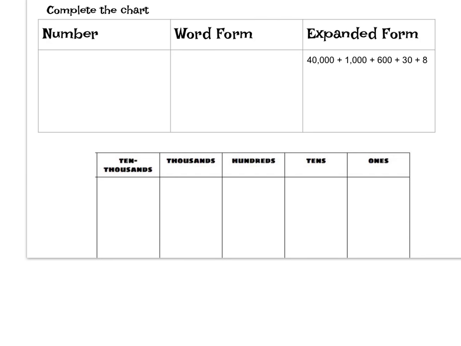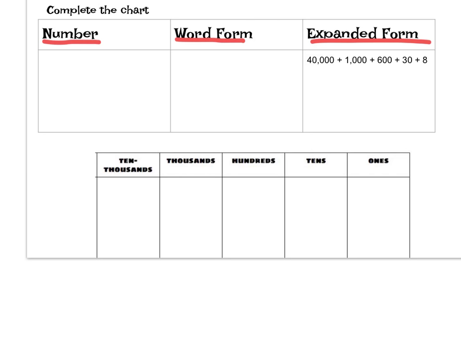All right, now we have to practice completing the chart. I have 3 headings: number, word form, and expanded form. So I'm given my number in expanded form, and I have to write it in number form, which is the same as standard form, and word form. So I'm going to start by using my place value chart. Please fill your place value chart in with me as we do this.